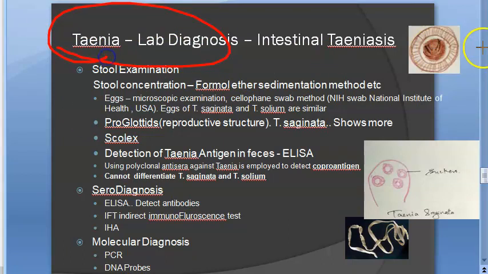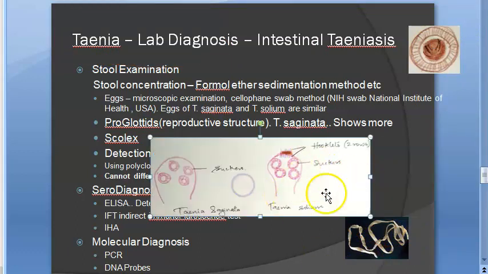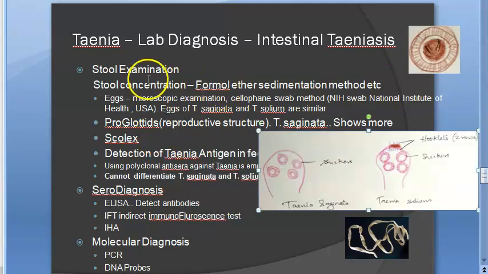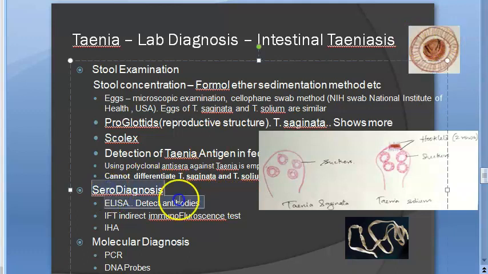Just unique things you can learn about Taenia. How will you differentiate something, right? You have to know that it will have suckers or something, right? Hooklets. So small things you can learn to differentiate. And stool concentration techniques, how to detect it, what is the anatomy, morphology of it, etc. Then standard things you will write, molecular diagnosis, PCR, etc. Standard things you will write.